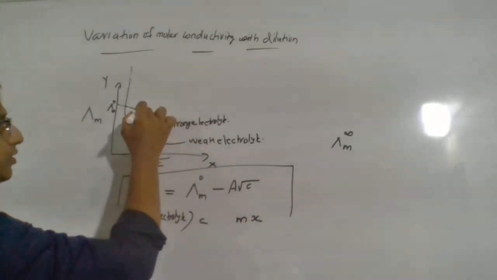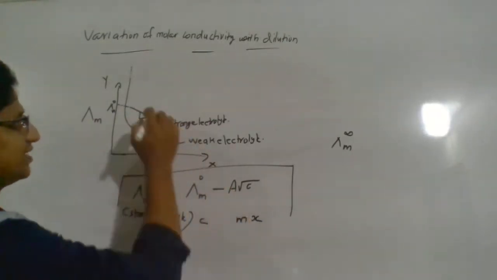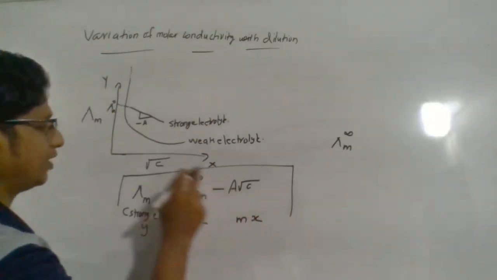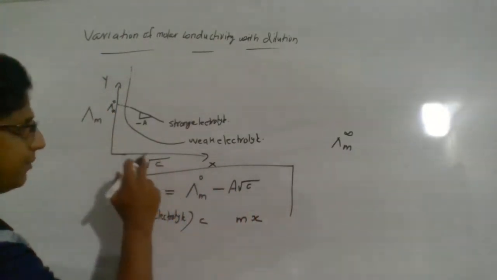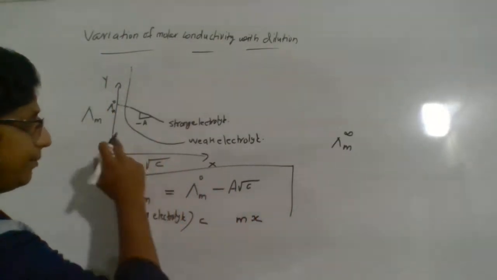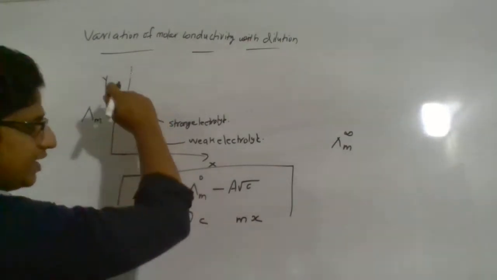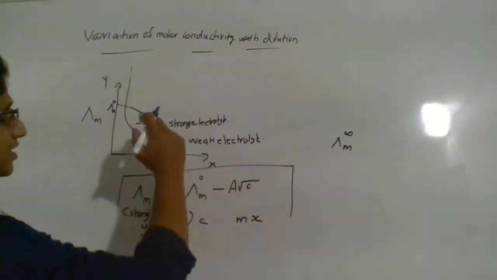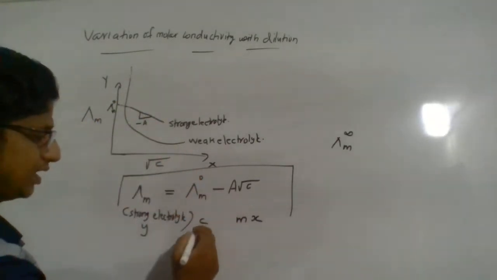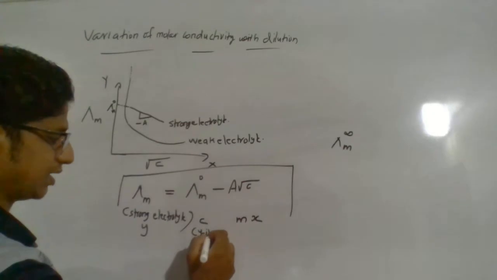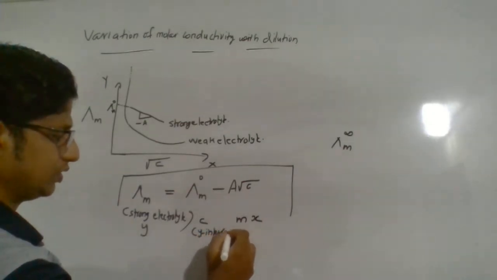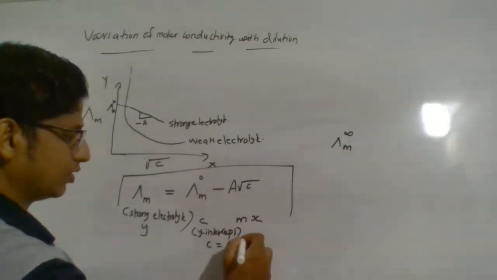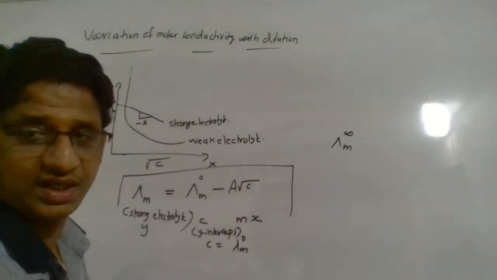If you take the slope, you will get minus A. If you plot a graph between lambda m and root c, you will get a straight line with a negative slope of minus A. And if you extrapolate, the y-intercept is C, equal to lambda m0, or molar conductivity at infinite dilution.